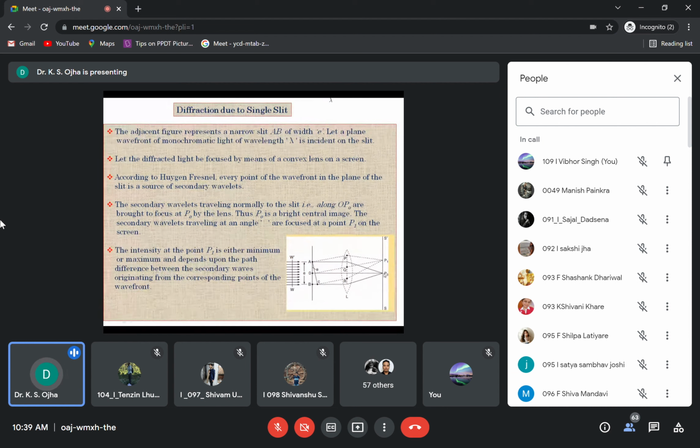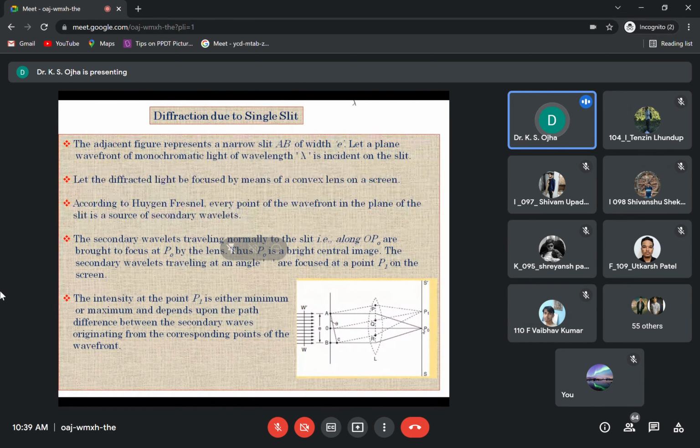P naught is the point at the center. Means at point P naught, whatever secondary wavelets are reaching are in phase. Since they are in phase, we will get the maximum intensity because all the secondary wavelets have a constant phase difference.